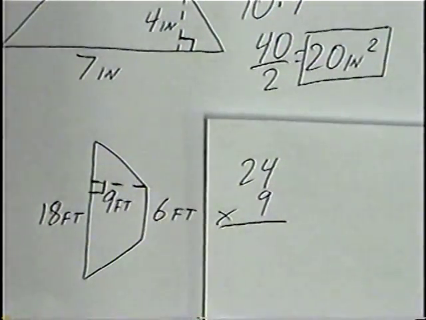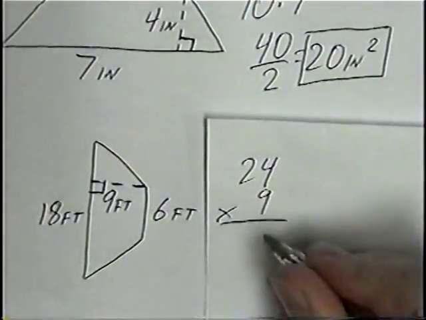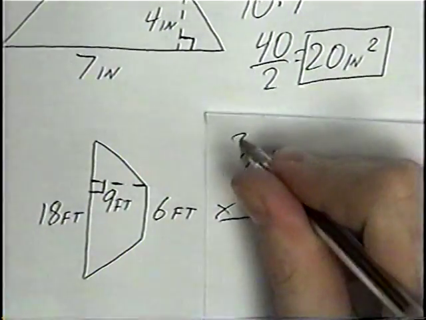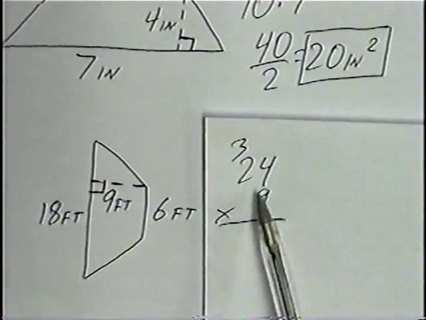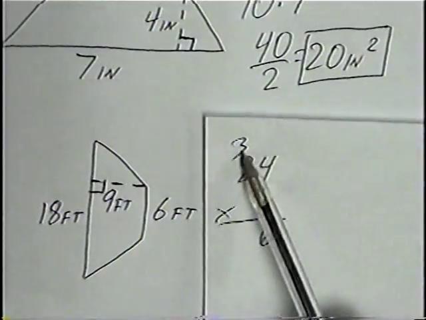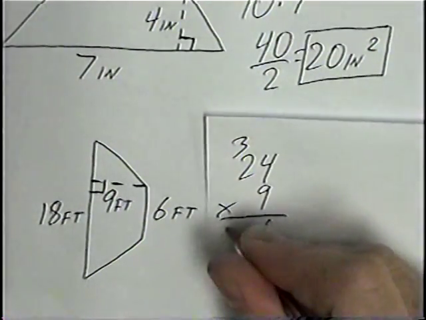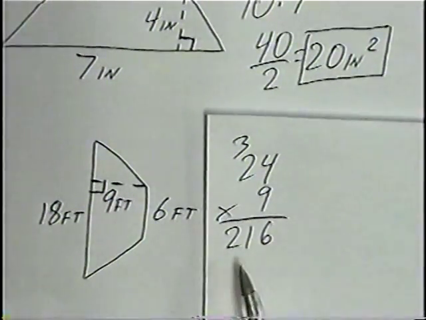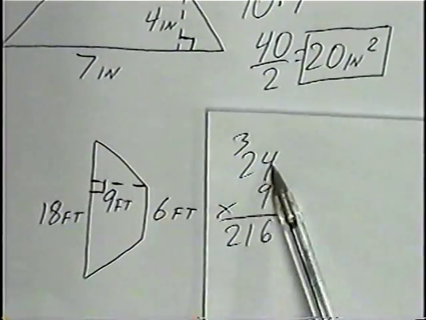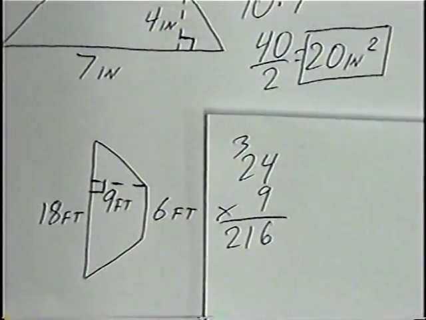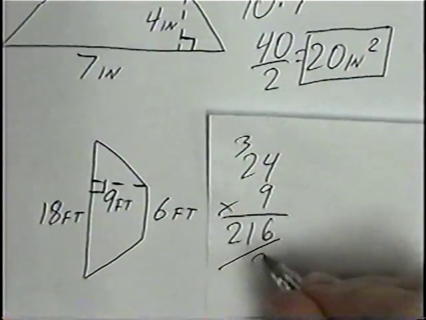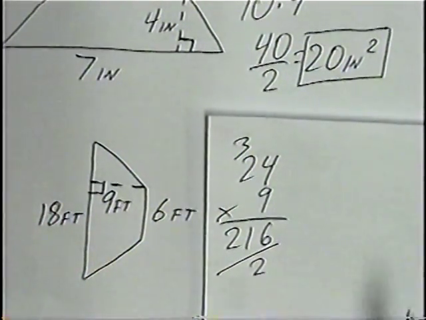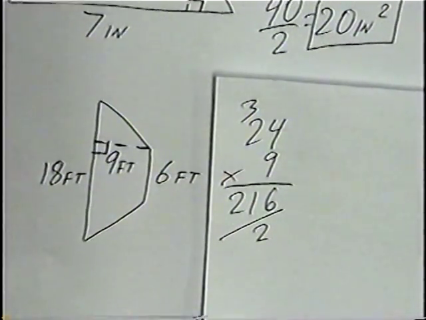Multiplying 24 times 9. 4 times 9 would be 36, carrying the 3. 9 times 2 would be 18, plus 3 more would be 21. 216 is the bases added, multiplied by the height. The last part of the formula is 1/2, or divide by 2. 216 divided by 2.